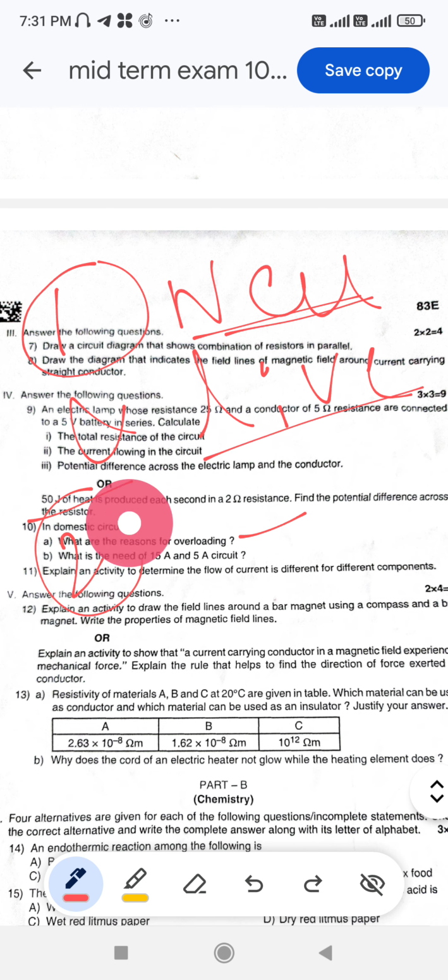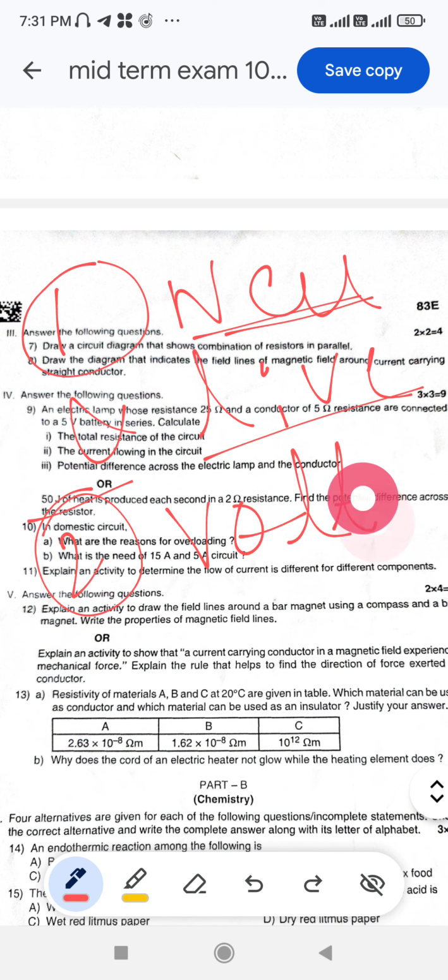Second is a sudden increase in the voltage. A sudden increase in the voltage also leads to overloading.